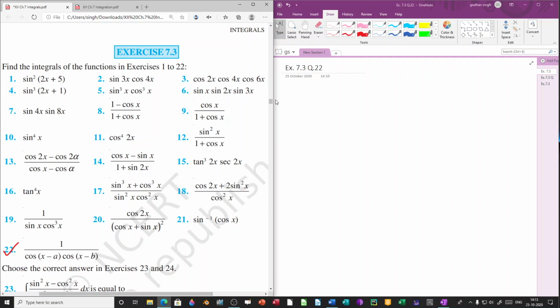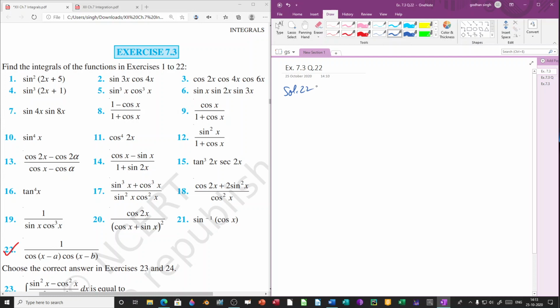Because here both the terms are cos, and had they been both sin, then also we would have multiplied and divided by sin of b minus a. So since both are cos, we will divide and multiply by the constant sin b minus a. Now solving question number 22. I equals 1 over cos x minus a into cos x minus b dx.